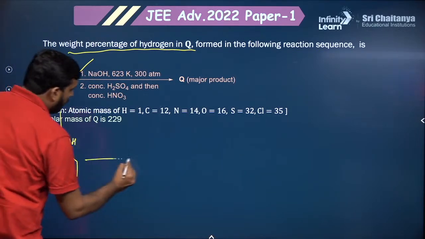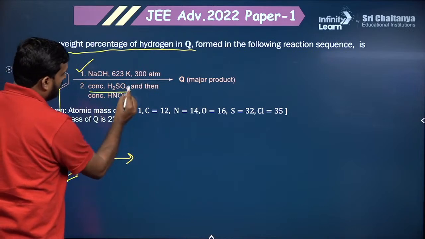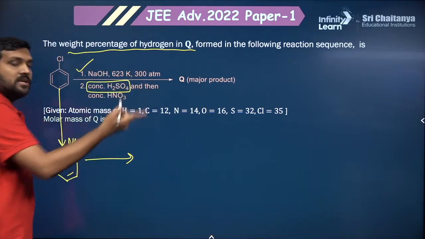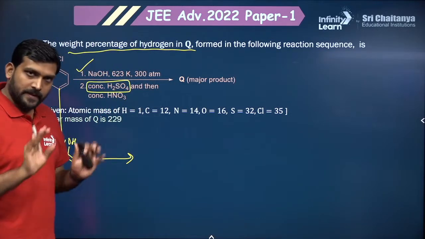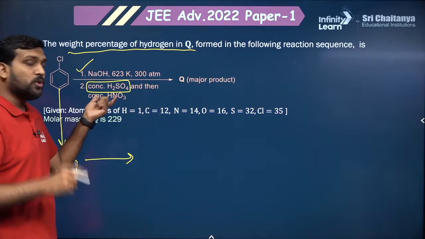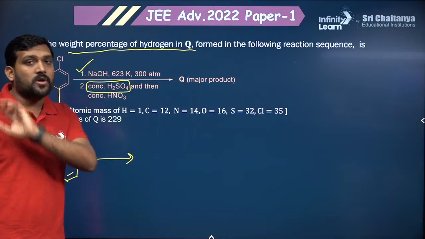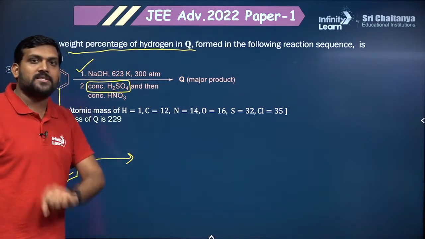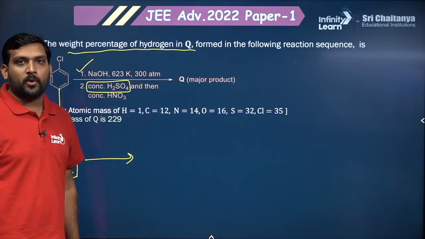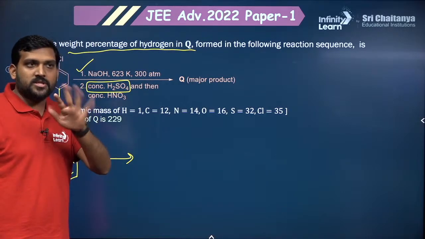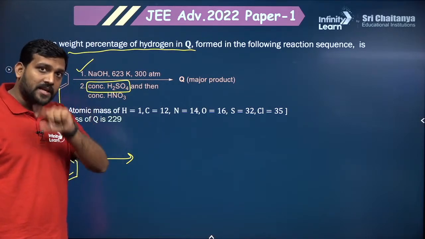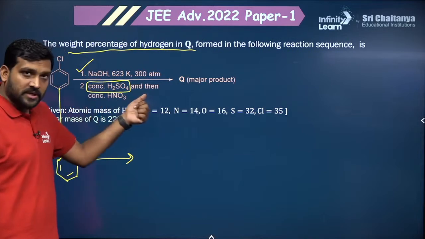And now you are treating it first with concentrated H2SO4 and then with concentrated HNO3. Why? The question is why? Because if you use concentrated HNO3 directly, it's a very strong oxidizing agent, and it will give some byproducts. Then the percentage composition of the major product will be disturbed. That's why they first use concentrated H2SO4.